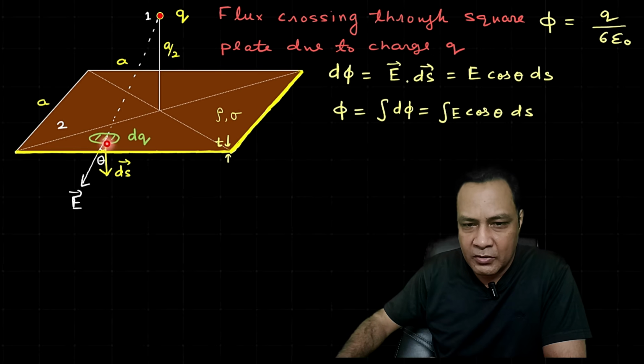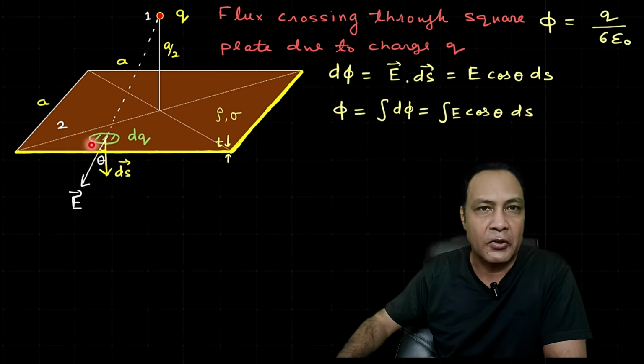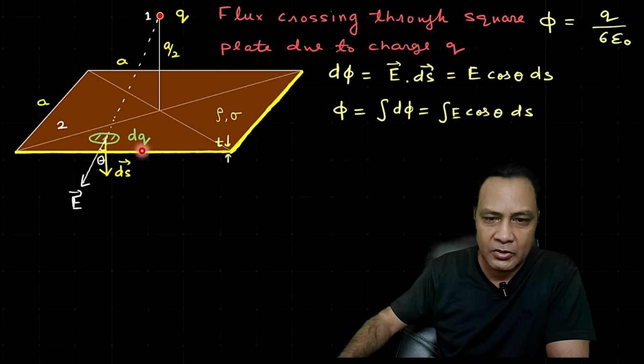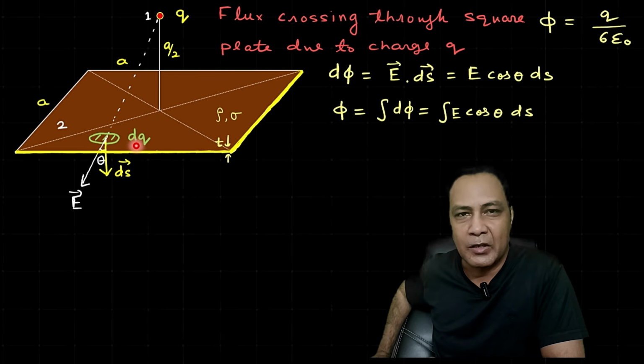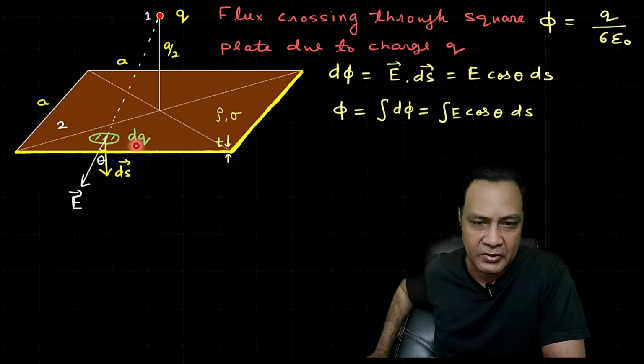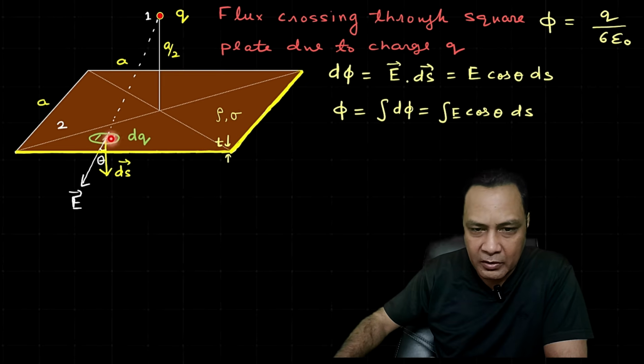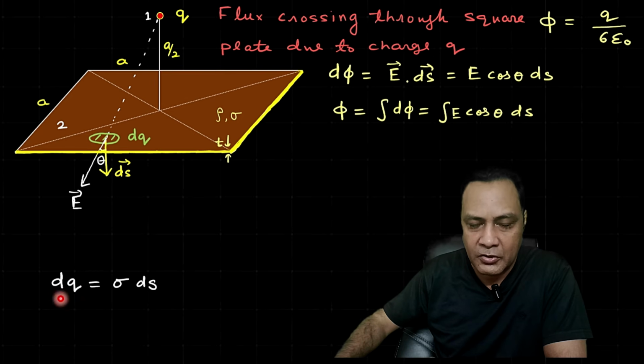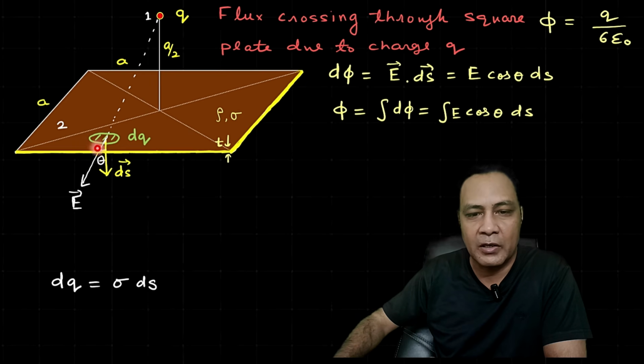Now suppose the charge on this little part is, say, dq. That charge dq would be sigma into ds. Now this charge dq is placed in the electric field E, so there will be some force on this charge.